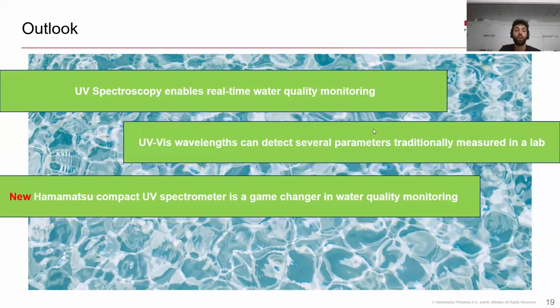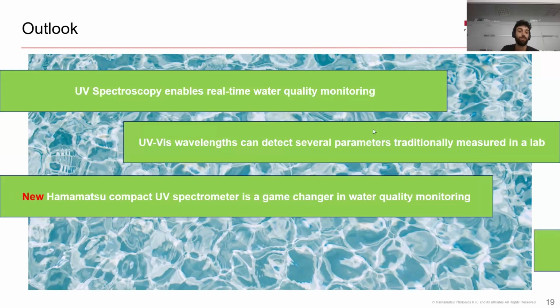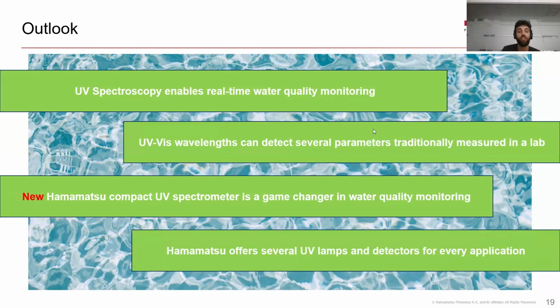The new Hamamatsu compact UV spectrometer can change the game in water quality monitoring, specifically for its extremely small size that can be useful. It can help to be deployed into water pipes, for example, or as we said, into portable instruments, battery-powered instruments. And finally, beyond the new compact UV spectrometer, Hamamatsu has a wide offer in terms of lamps for every kind of application, even beyond water quality analysis, as we saw.